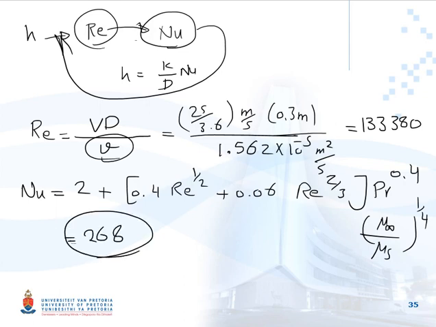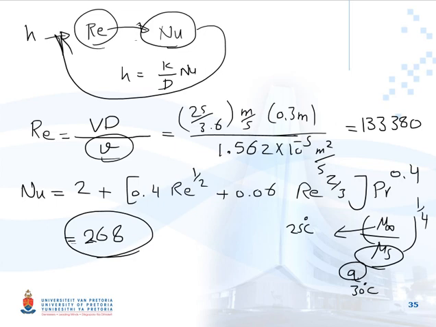Nusselt will be 268. Okay. So what is mu s? It should be read at 30 degrees, and infinity, of course, at 25 degrees.